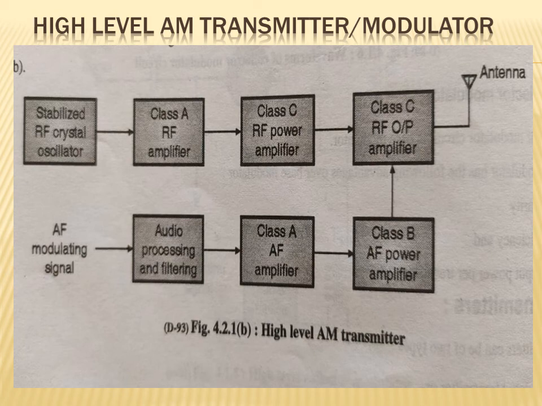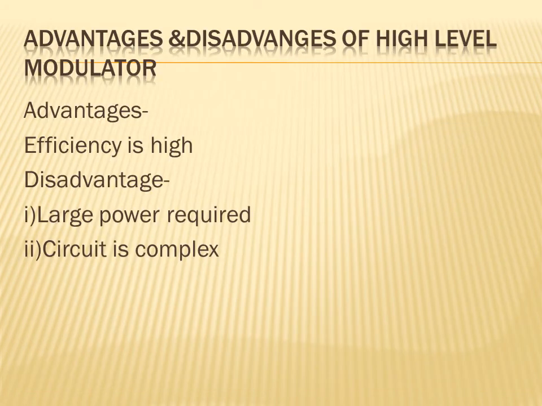Why is it called high level? Because the signal is modulated at high power and transmitted at high power. Hence it is called a high level modulated transmitter. So this is the high level AM transmitter or modulator. Advantages and disadvantages of high level modulator.